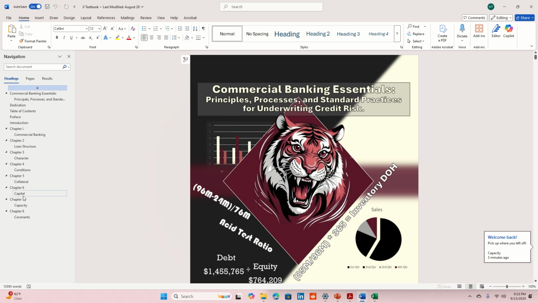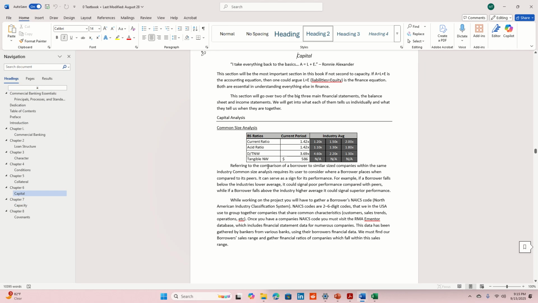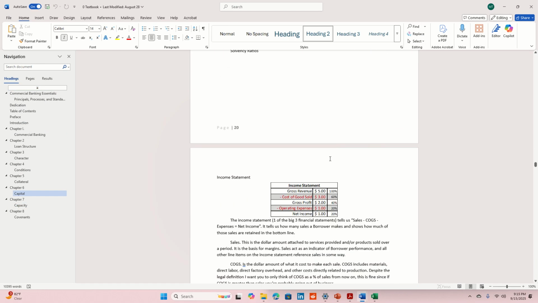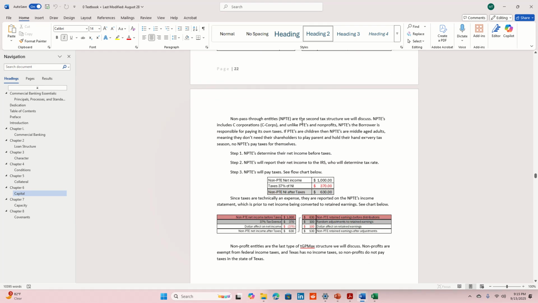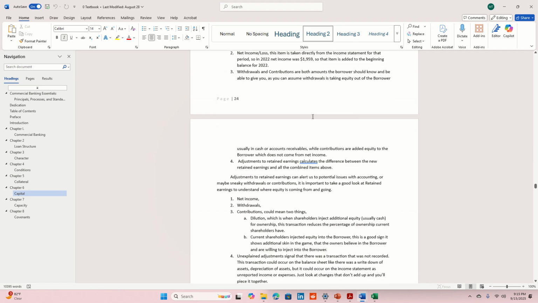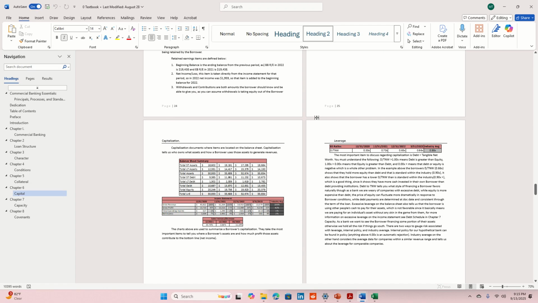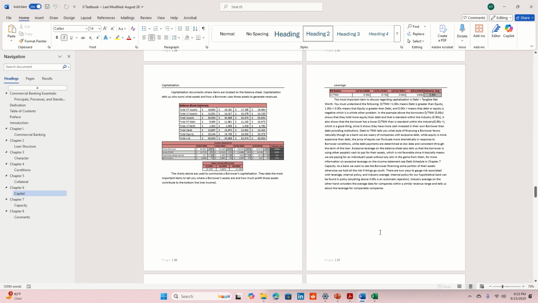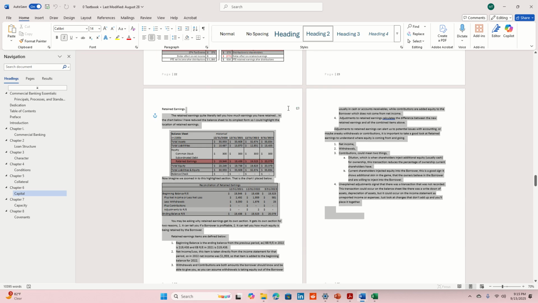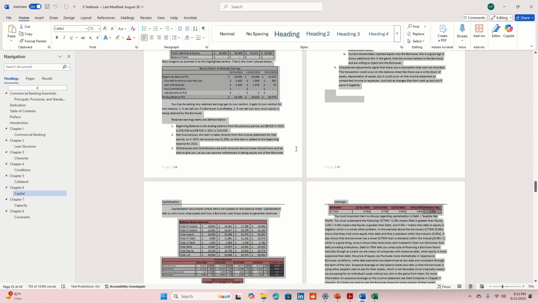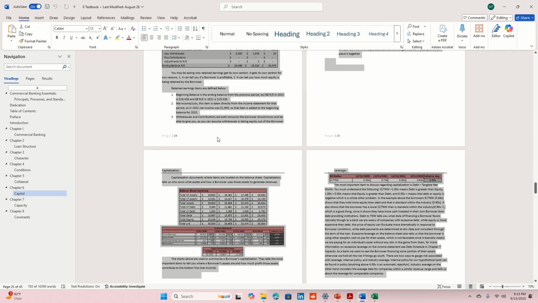I want you to go to Capital, to page 24, and read pages 24 through 27. You need to get comfortable with leverage, capitalization, and retained earnings. You have got to wrap your head around all three of these concepts: retained earnings, capitalization, and leverage.